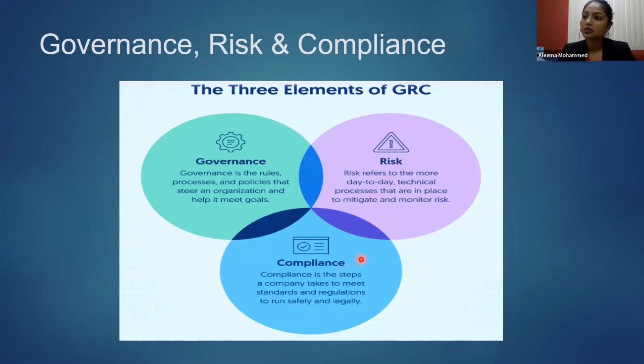It takes us down to compliance, which would be the steps that the company takes to meet its standards and regulations and to really run safely and, most importantly, legally. And then if we look at that relationship even further, in order to be compliant, we then have to develop rules, policies, processes, and have those things in place in order to provide guidance to our team.